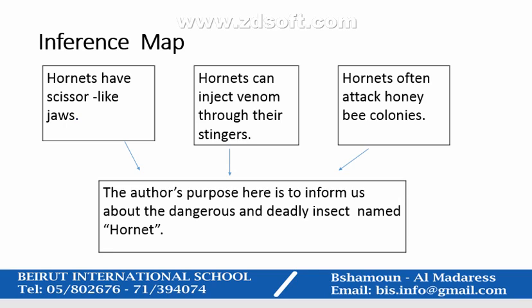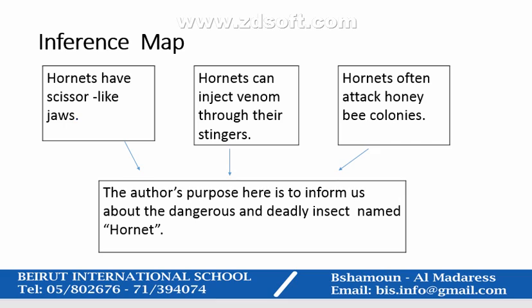So the first detail, I put the most important first detail: hornets have scissor-like jaws. The second most important detail: the hornets can inject venom through their stingers, and hornets often attack honeybee colonies. If you noticed, all of these three important details were about how deadly and dangerous this insect is.